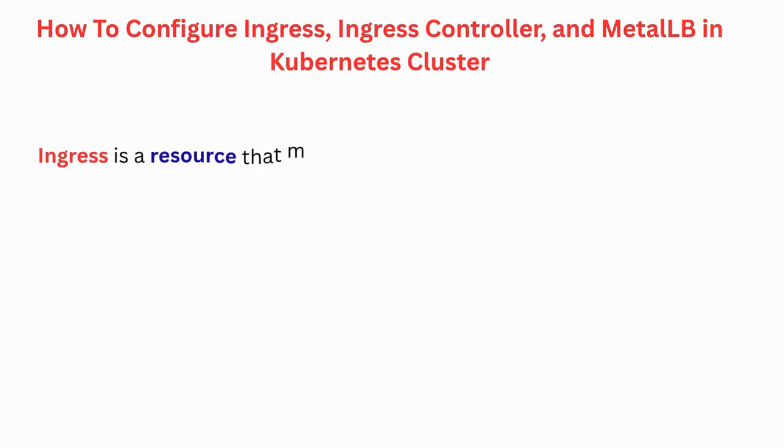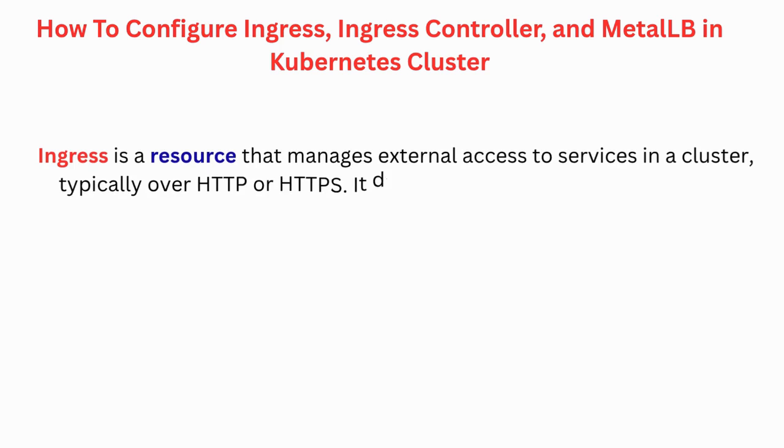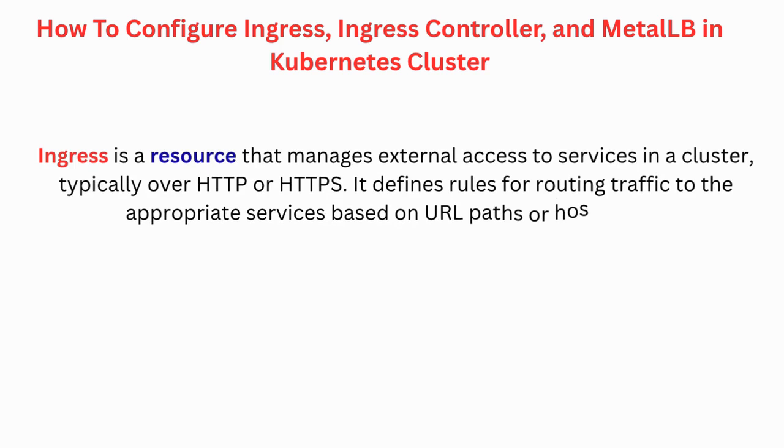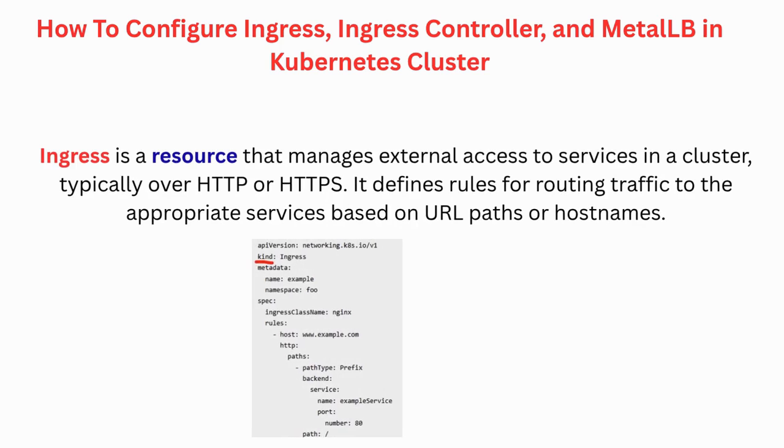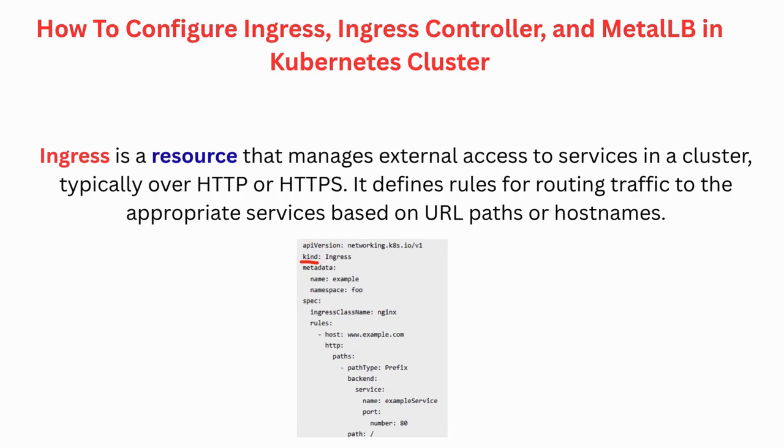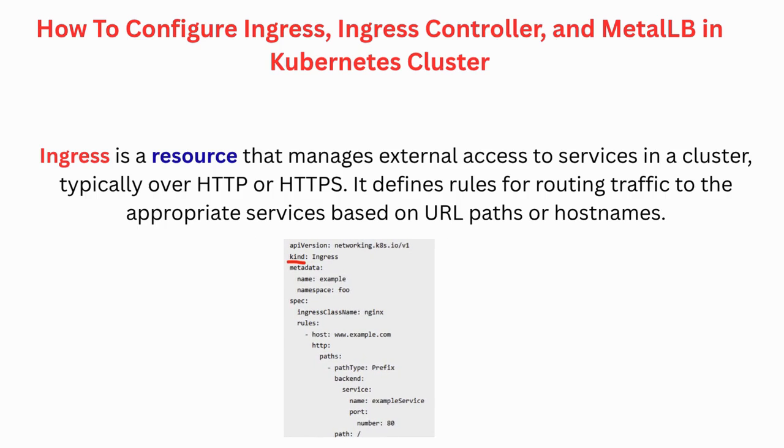So Ingress is a Kubernetes resource. And when I say Kubernetes resource, I mean that kind of Kubernetes resource. Just like when you have your deployment YAML file, in the kind section you have deployment as the kind parameter. If you have a service, you have service as the kind parameter.